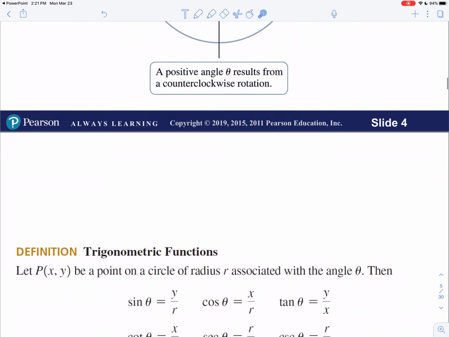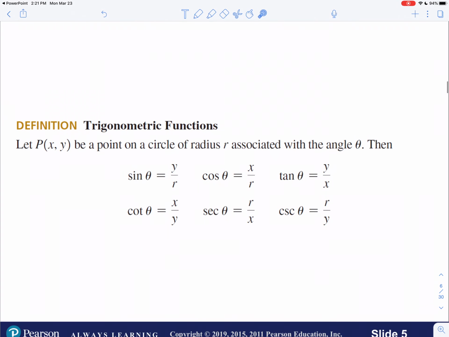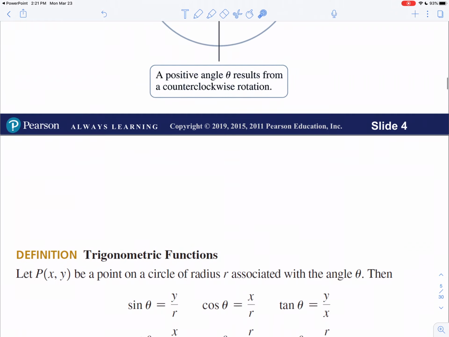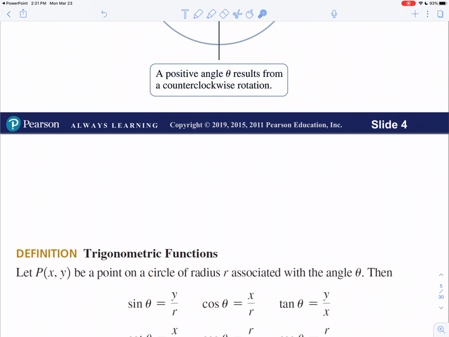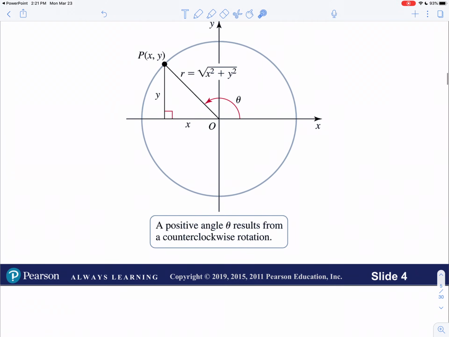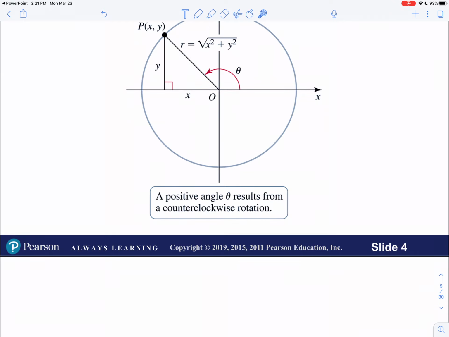Let P(x, y) be any point on the circle. Then we said the sine of theta, in regards to the reference angle, is opposite over hypotenuse, so y over r. Even though theta is over here, you can consider the reference angle here.